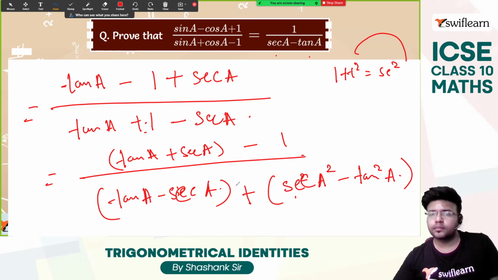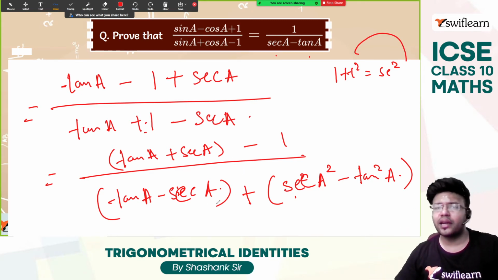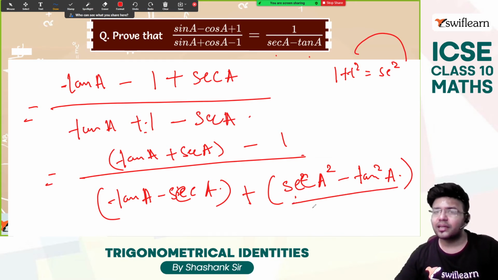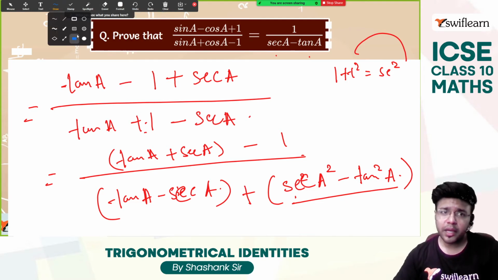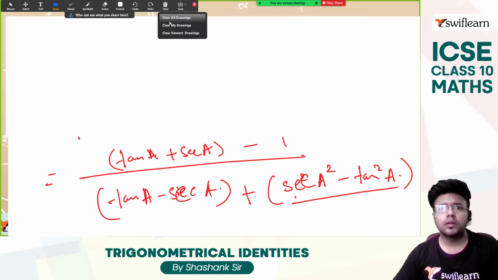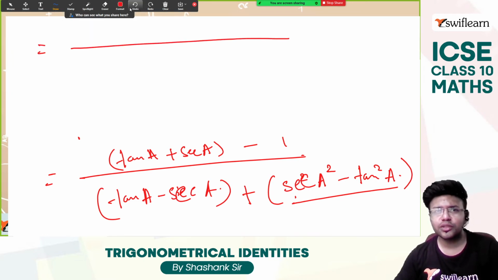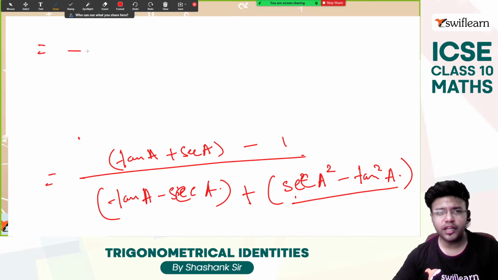Now from this, what can I take common? Let me make some more space. Let me write the denominator first so that I can adjust the numerator accordingly.